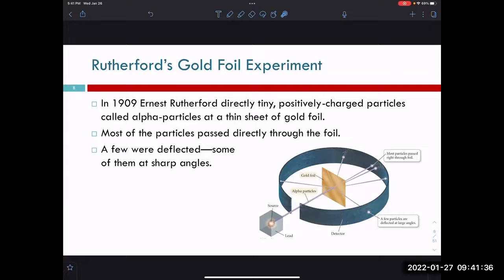They shouldn't deflect. They should pass right through. For the most part, they went through, but some of them were deflected, and some of them were deflected really far back towards the detector, at these sharp angles.